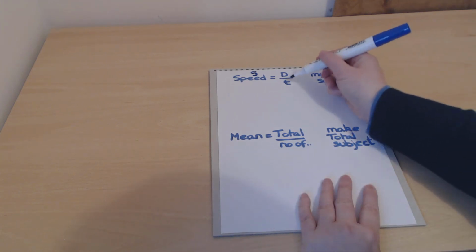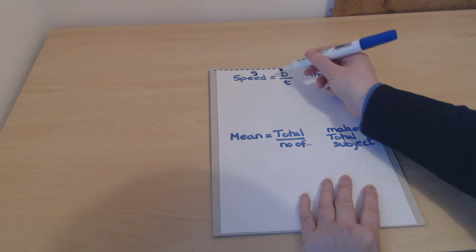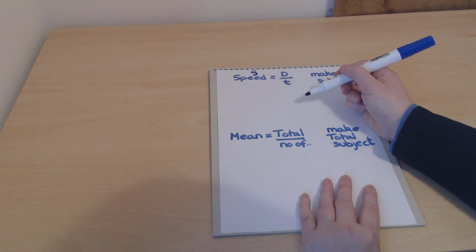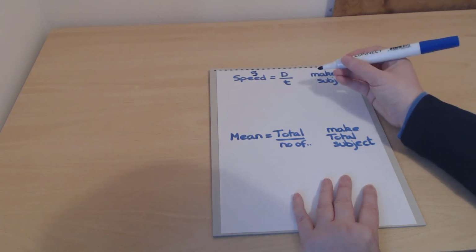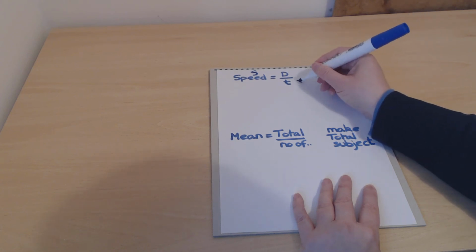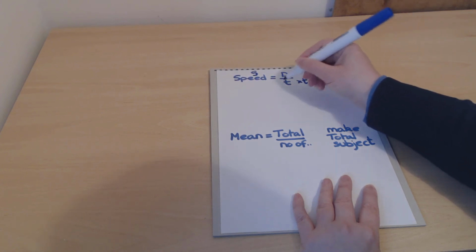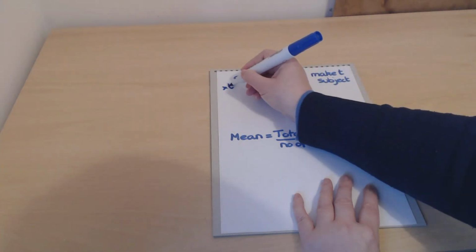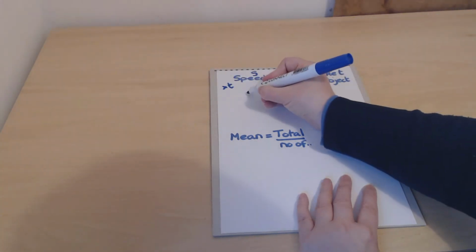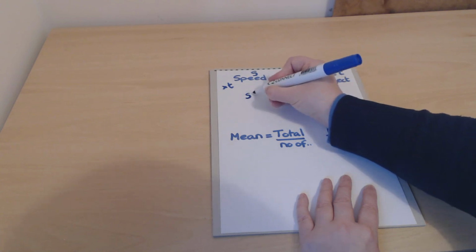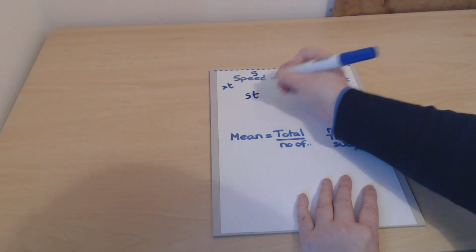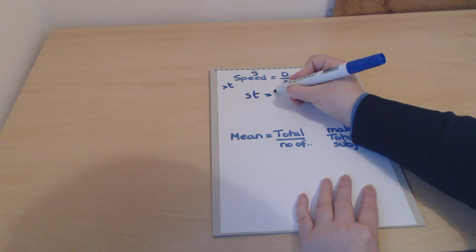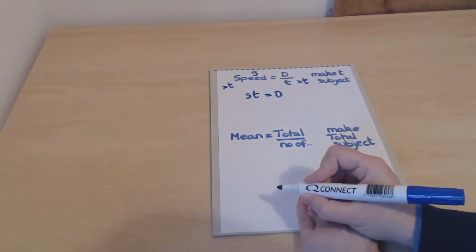Now our first problem is that t is on the bottom of this fraction, which makes it quite awkward. And so what we're going to do is multiply by t on this side to get it off the bottom, and we're going to multiply by t on this side. So that means we will have s, the speed, times t, the time, equals d, the distance.